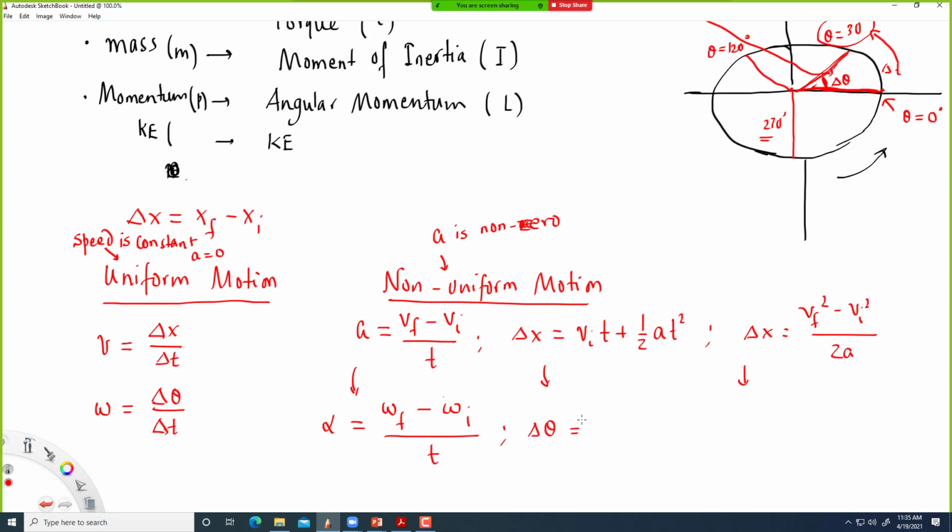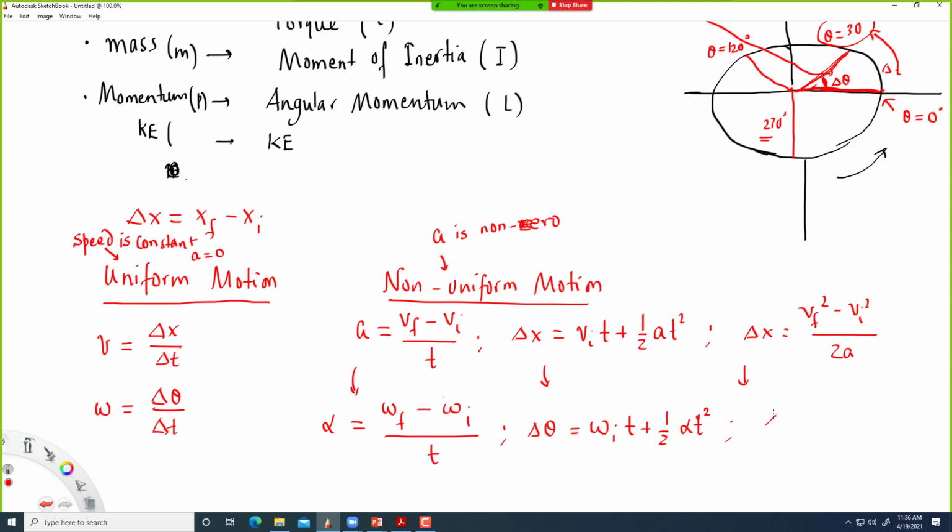And then delta theta is equal to omega initial t plus 1/2 alpha t squared, where A is replaced by alpha and T is T itself. Okay, that's the second equation for rotational motion.